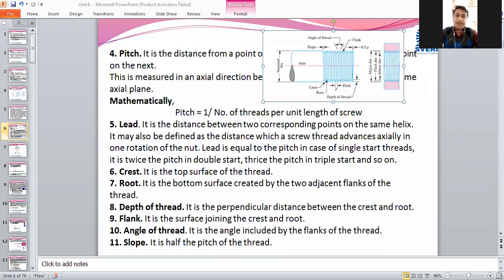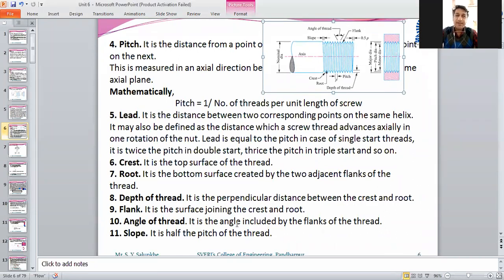Then angle of thread: it is the angle included by the flanks of the thread. That is, two flanks which are making an angle with each other, that angle you are going to call the angle of thread. Slope is half the pitch of the thread.